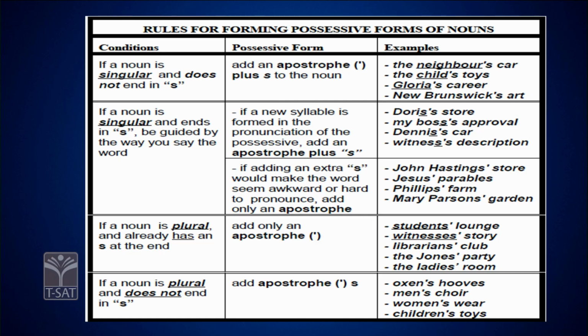Now the second condition to form these possessives: if a noun is singular and ends in s, be guided by the way you say the word. If a new syllable is formed in the pronunciation of the possessive, add apostrophe plus s.